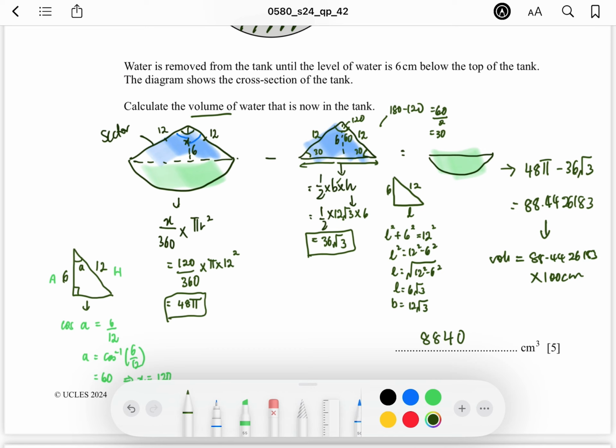So the good thing, the beauty of this 5-mark question, is that if you won't be able to complete it and get the volume, it's fine.